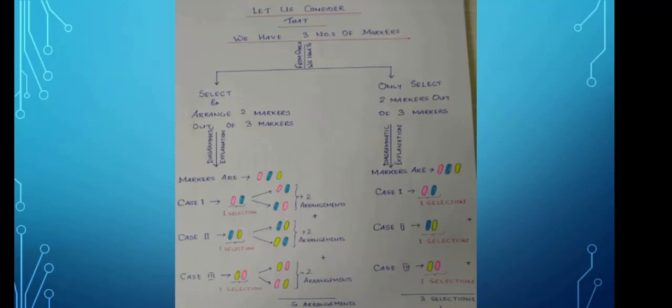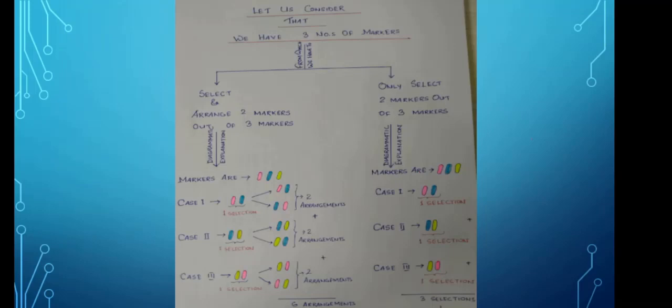Then coming to case 3, this time I have selected the third marker and the first marker, that means the yellow one and the pink one. Keeping these together, I have to arrange them once again. Again, two arrangements can be done. The yellow one I keep first, followed by the pink one. Just after that, I keep the pink one first, followed by the yellow one. Once again, I am getting two arrangements.